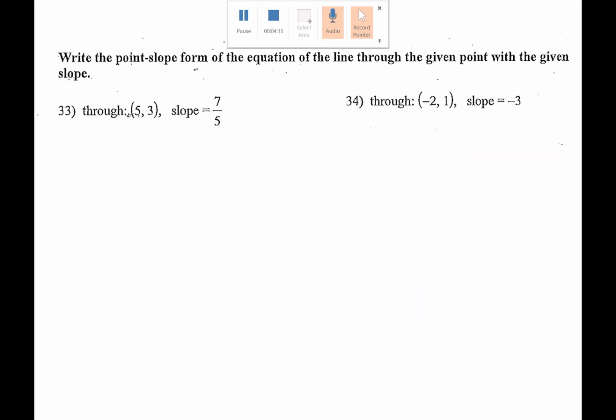Okay? This one you're writing in point slope form. Remember, point slope form is y minus y1 is equal to m parentheses x minus x1. So I'm just plugging in x and y and the m. So I'm going to have y minus 3 is equal to 7/5 parentheses x minus 5.